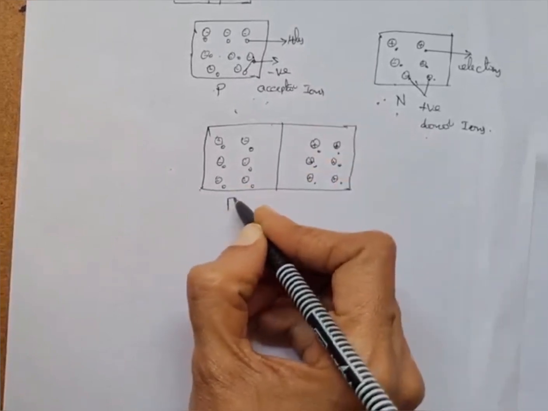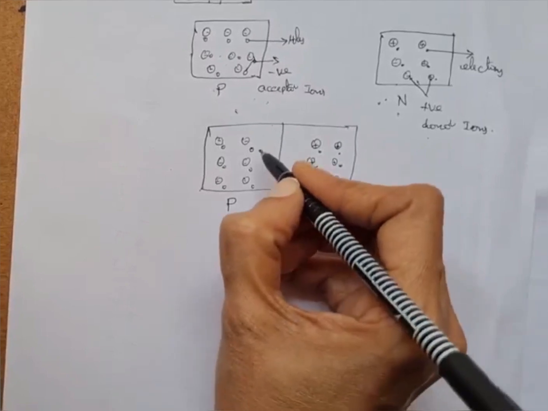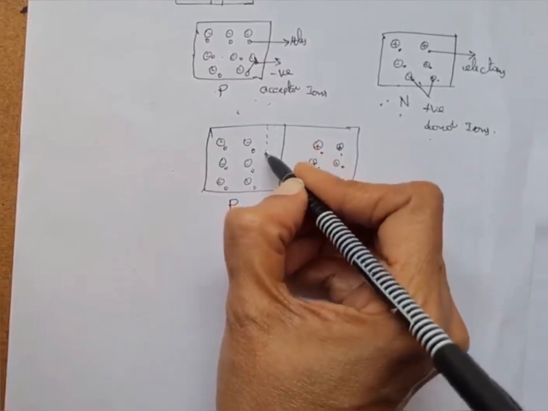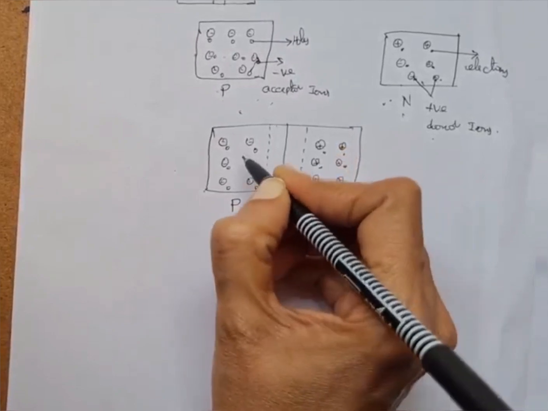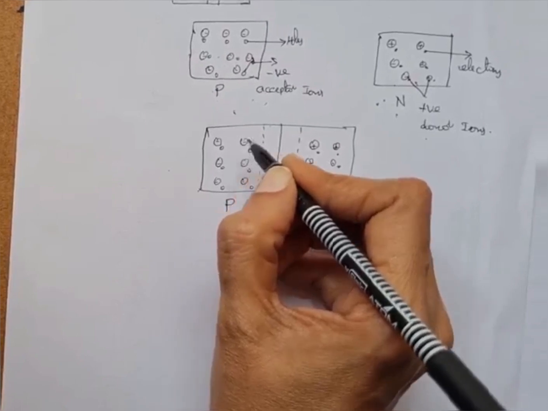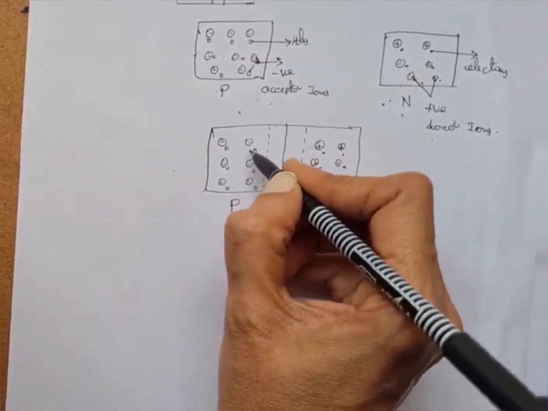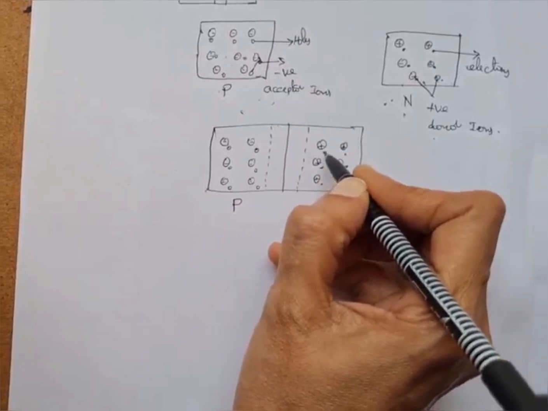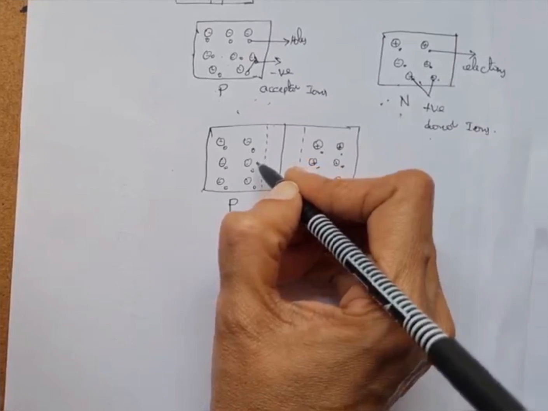Here one junction is formed, which means some holes from p-type tend to diffuse across the boundary into n-type. So these holes are trying to move towards the n-type, and in the same way the electrons move towards the p-type.